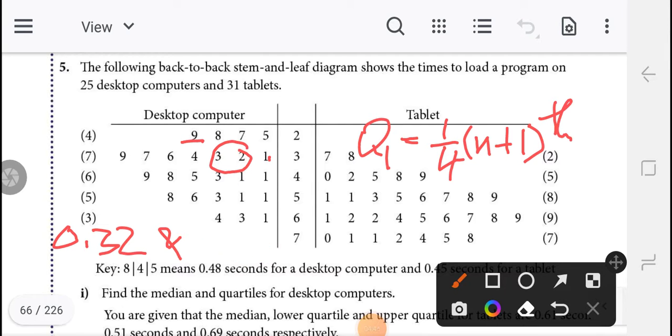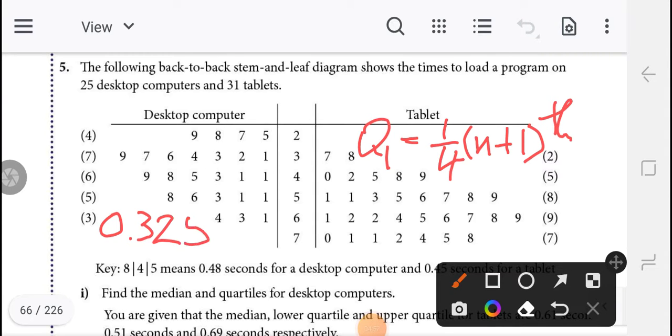If we do that, we get 0.325 seconds. This is our lower quartile, 0.325 seconds.